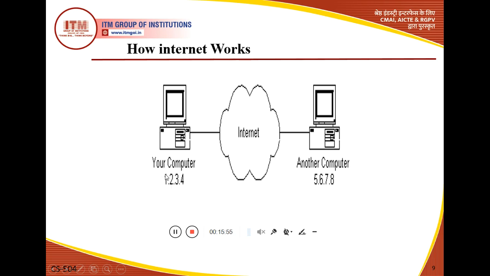This is a unique address that will define your computer, and another computer is defined by another address, and that particular address is represented in terms of the IP address of this computer.